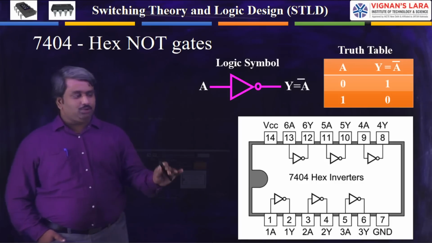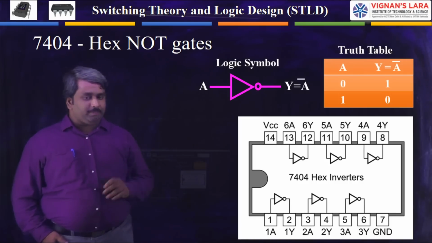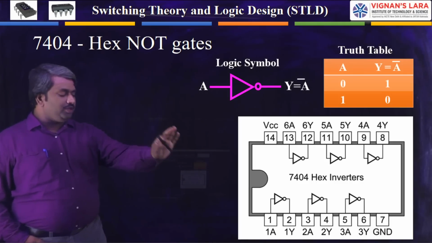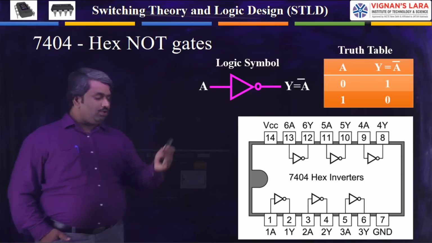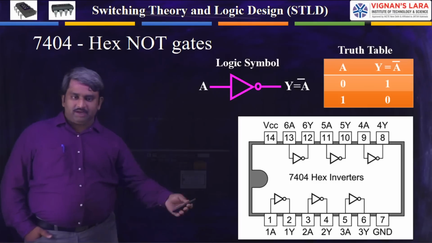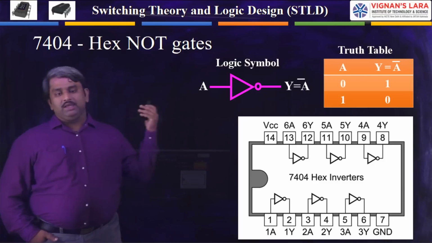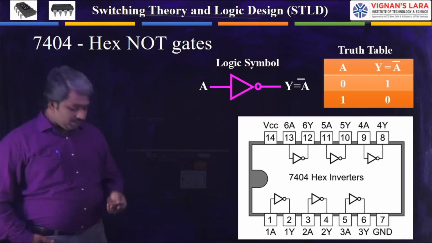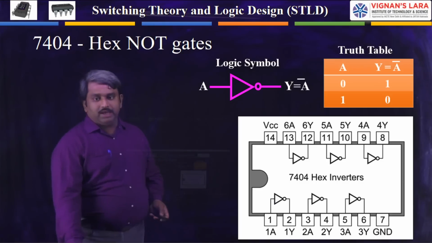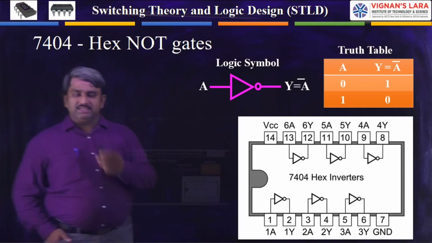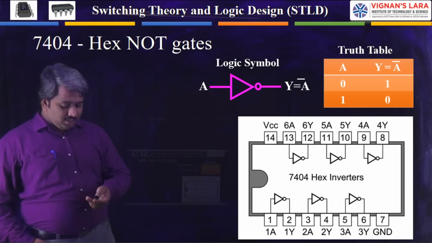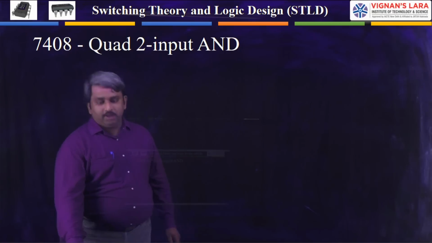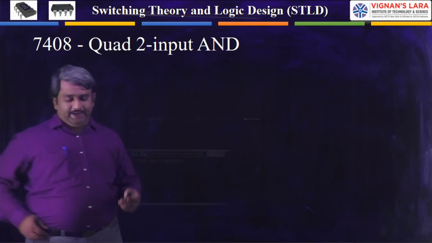Coming to hex inverters, these are the inverters we are placing here, and these are the input and output connections. From that IC we have some metal pins, and from those metal pins you can connect anywhere you want in your circuit. So this is the IC7404 hex NOT gate, where 6 inverter gates are available. Next, coming to IC7408.